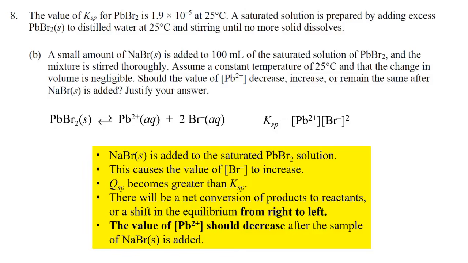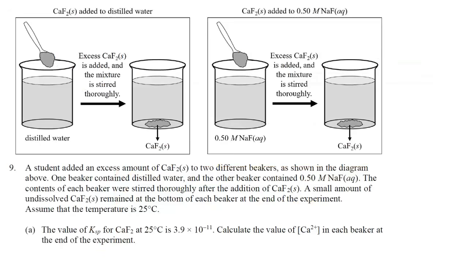The value for the concentration of the lead ion should decrease after the sample of solid sodium bromide is added. Okay, so that is the answer to number 8, part B. Now, let's take a look at question 9 in your packet.